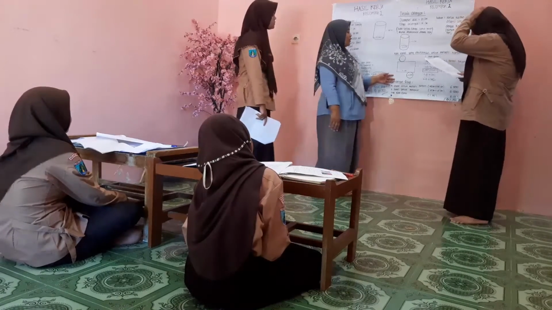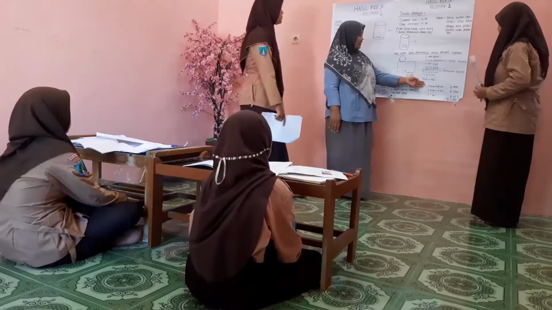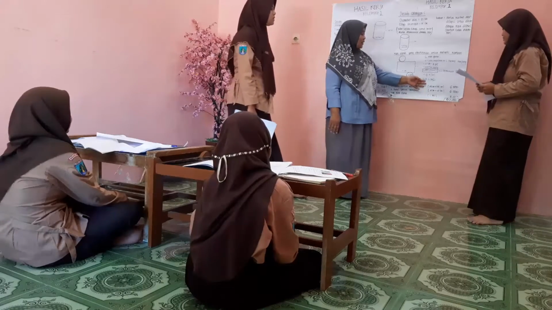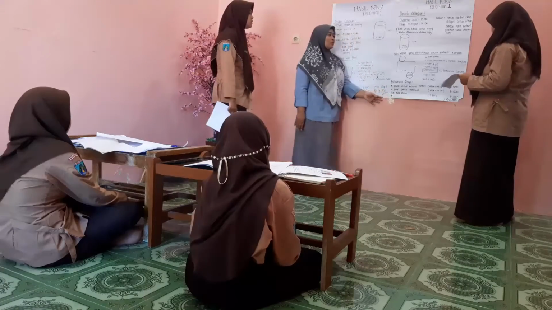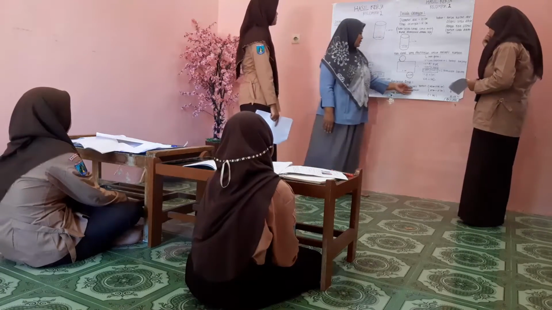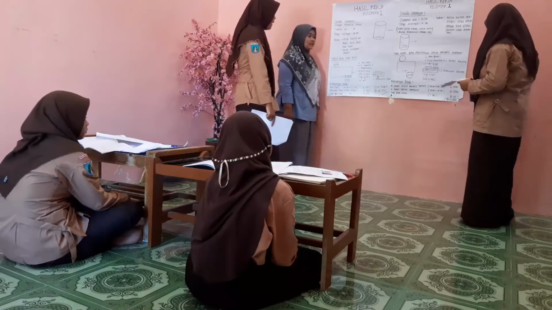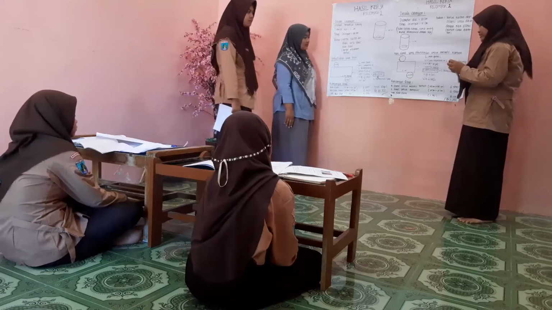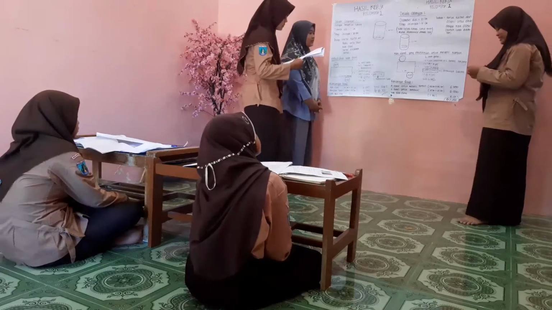Because the flannel needed for your piggy bank is 628.6 square centimeters, you finally choose to buy the flannel at a price of 6,500 rupiah. Is that correct? Yes, ma'am. Okay, and then continue, please.